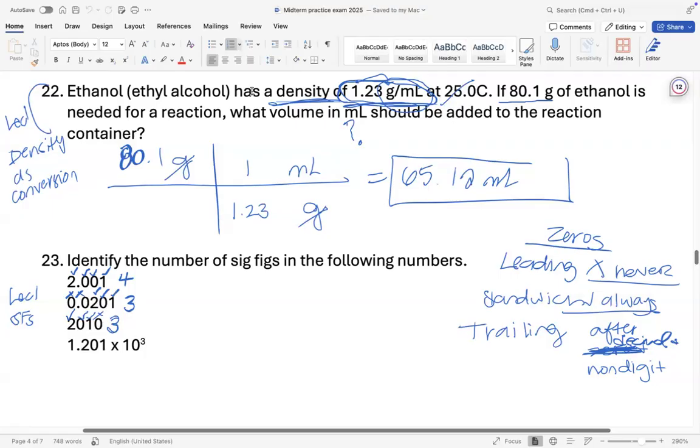Next, we have this number with an exponent, but the exponent doesn't play into the significant figures at all. We only care about what happens before the 10 to the whatever. So non-zero digit counts, non-zero digit counts, sandwich zero counts, and non-zero digit counts. So this is also 4.